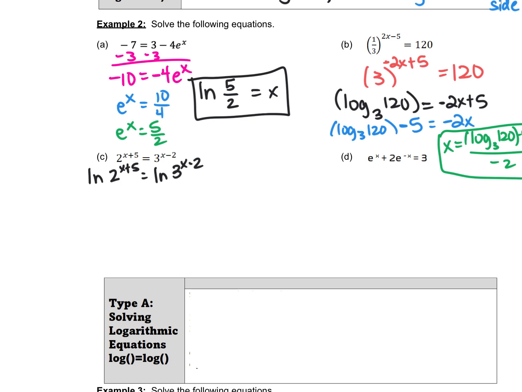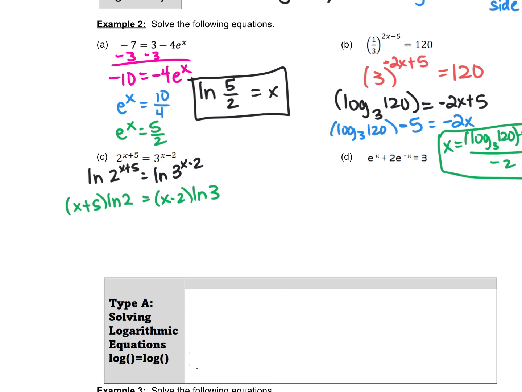Now, we're going to use properties of logarithms here. What do the properties say I can do with those exponents? I can bring them out in front, so I'm going to do that. So I have x plus 5 times the ln of 2 equals x minus 2 times the ln of 3.